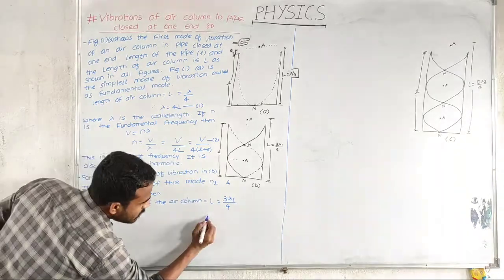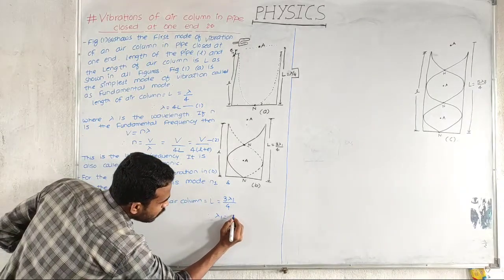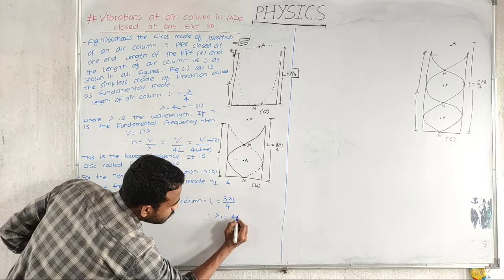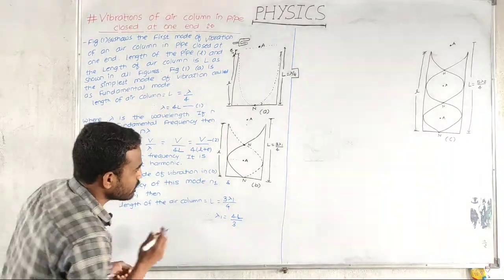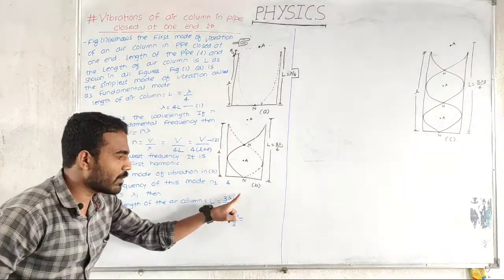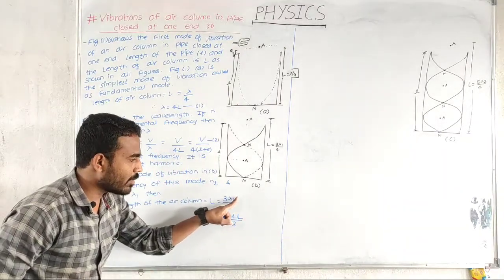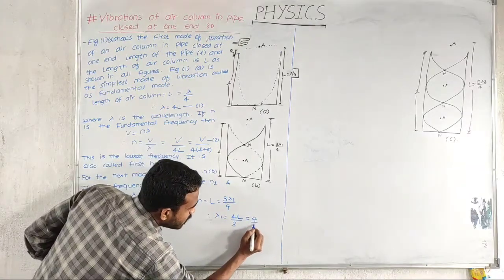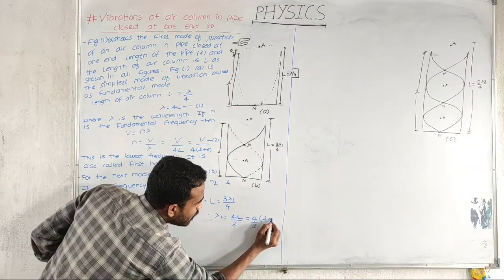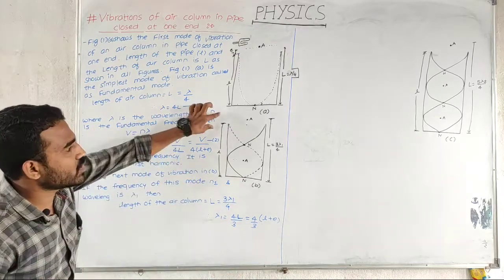So from this, what is the value of lambda 1? Capital L is equal to 3 lambda 1 by 4, so lambda 1 is equal to 4L upon 3. Here this L is small l plus e, because here there is also an end correction.